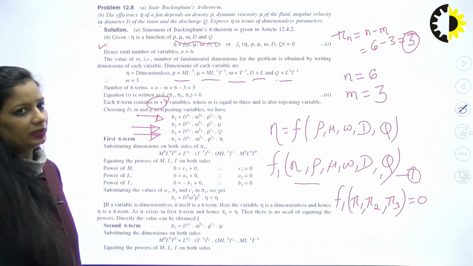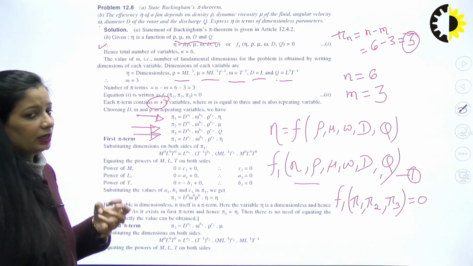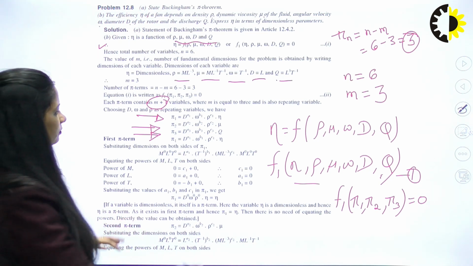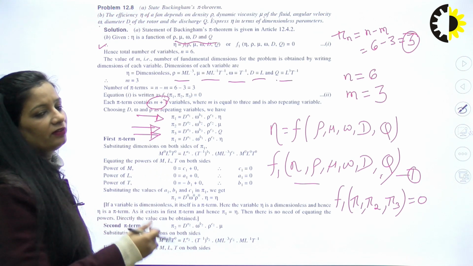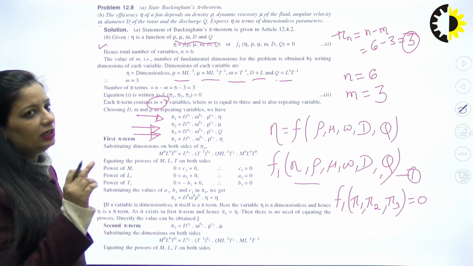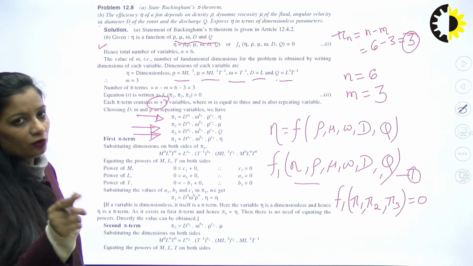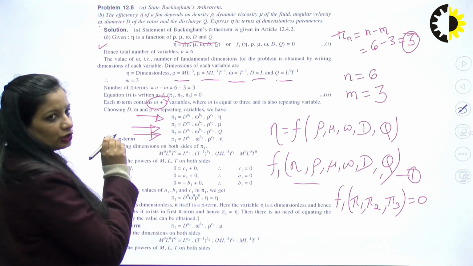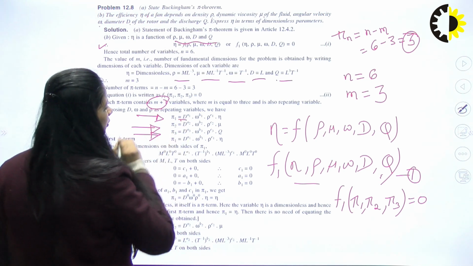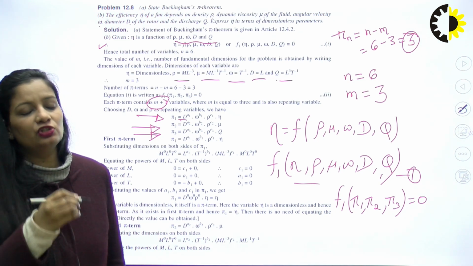Now we are going to select the repeating variables. In the rule we have followed so far, we take the geometric property first, then the flow property, and the third one is the fluid property. In this question also they have taken the first as d, a geometric property.